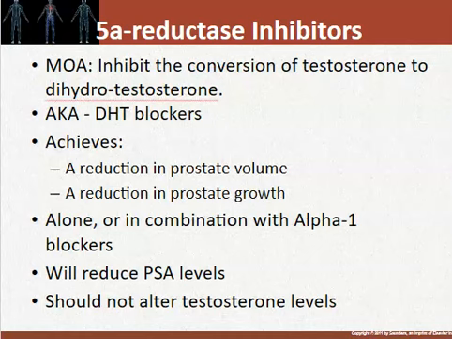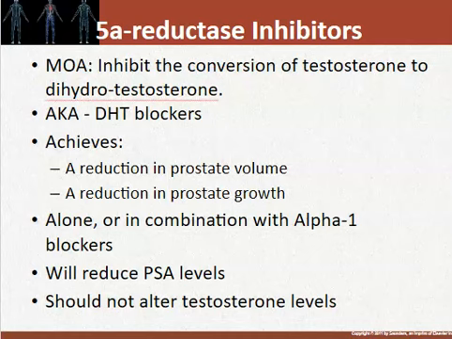So from a mechanistic standpoint, we're going to inhibit the conversion of testosterone to dihydrotestosterone. Another distinguishing characteristic of these drugs is that you can call them DHT blockers, and so sometimes you can see these two classes used interchangeably, but the enzyme is the 5-alpha reductase.